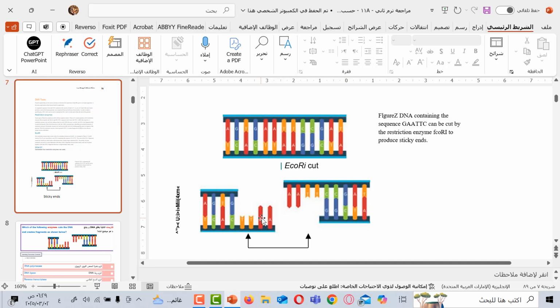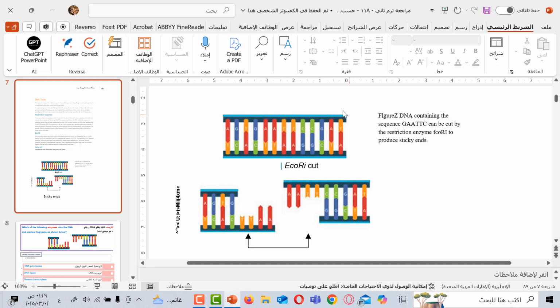If we see two fragments of DNA, and it's not completed like that, okay, it's cut by restriction enzyme sticky end.